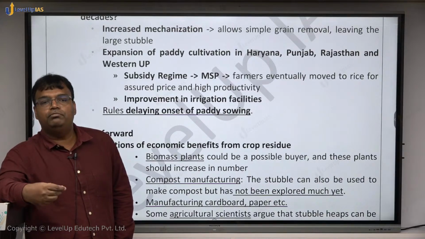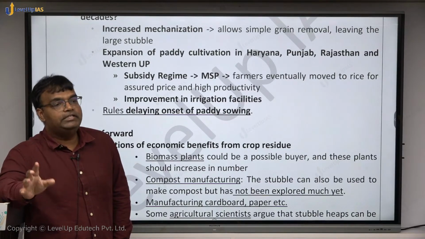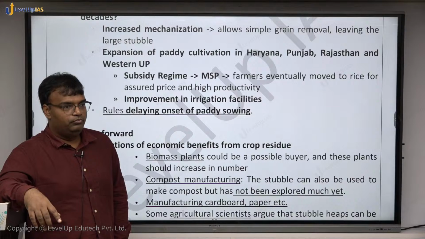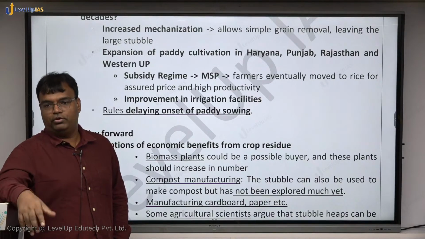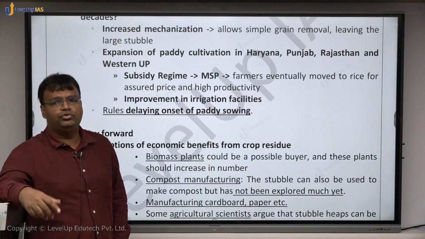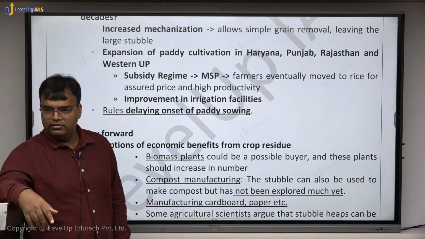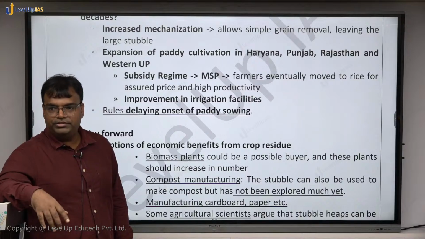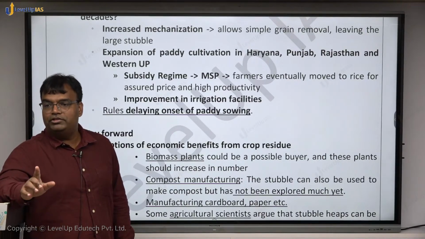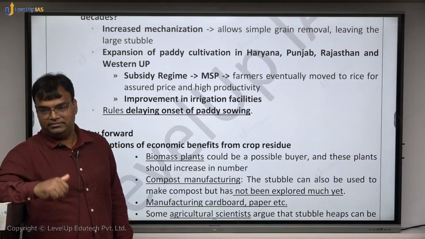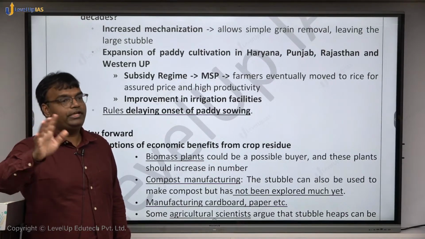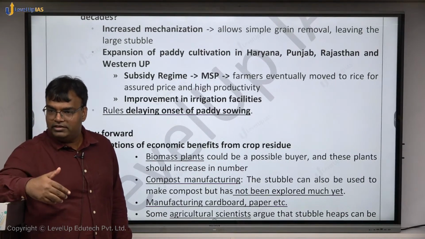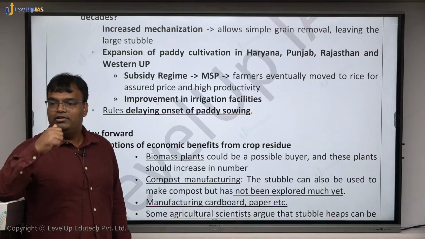Paddy could be sown whenever you can give water, when it is hot and there is water. Now farmers, when they were using groundwater, started sowing paddy in May only. But it led to overuse and groundwater depletion. The government came up with a rule that paddy sowing would only start after this date, so that monsoon rain could also contribute rather than usage of all groundwater.